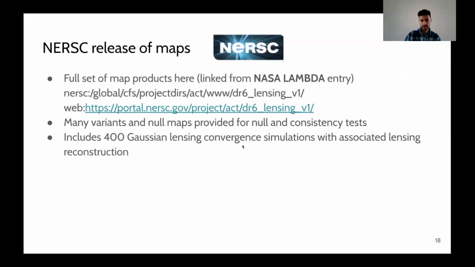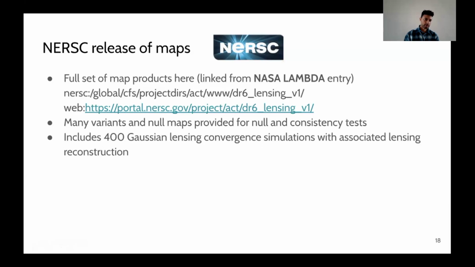In particular, we provide many variants of the lensing maps. So this includes lensing maps that have only polarization data or are null maps that are constructed from differences of CMB maps. These are extremely useful for doing null and consistency tests. So typically, if you want to do a cross-correlation analysis, you want to use these null maps to make sure that you get a null signal before you unblind your analysis.